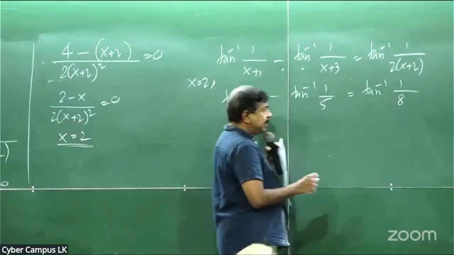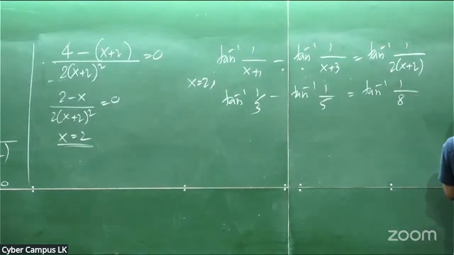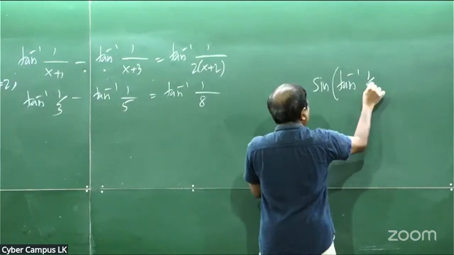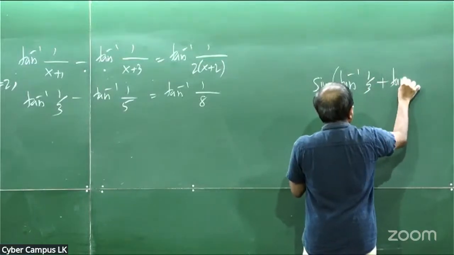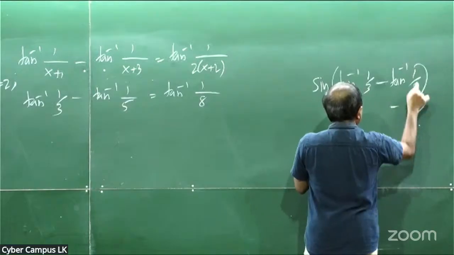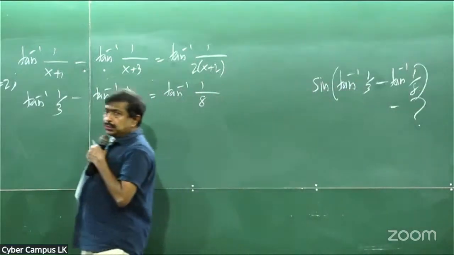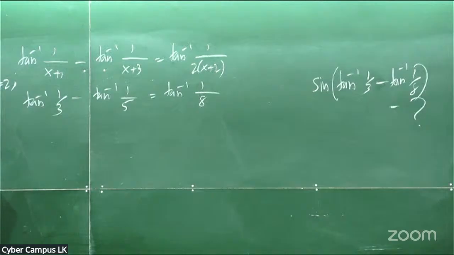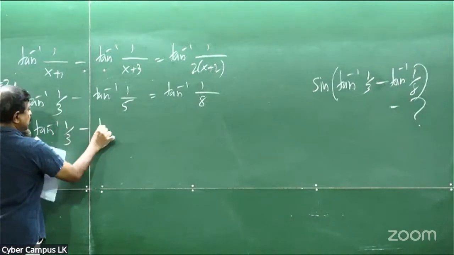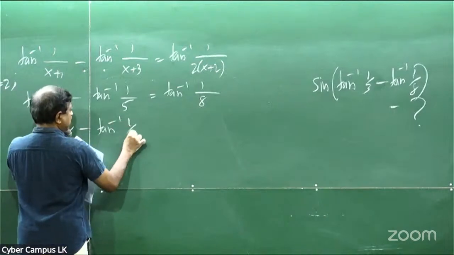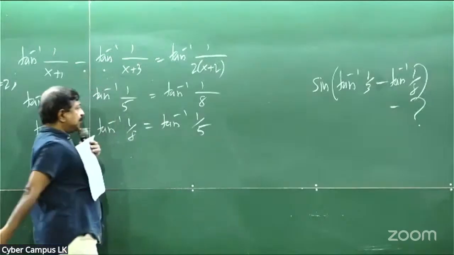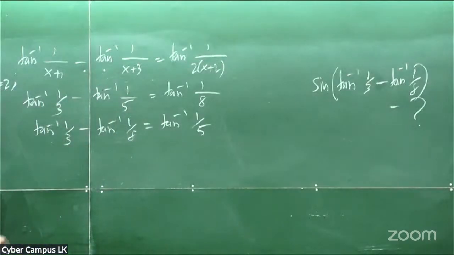We have to find this, otherwise we cannot use this relationship. So bring that tan inverse 1/8 to this side. It is tan inverse 1/5.